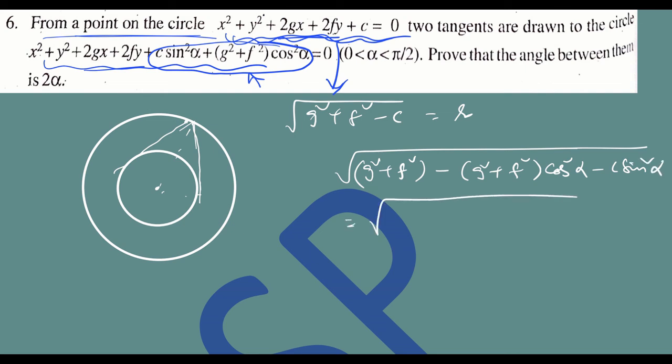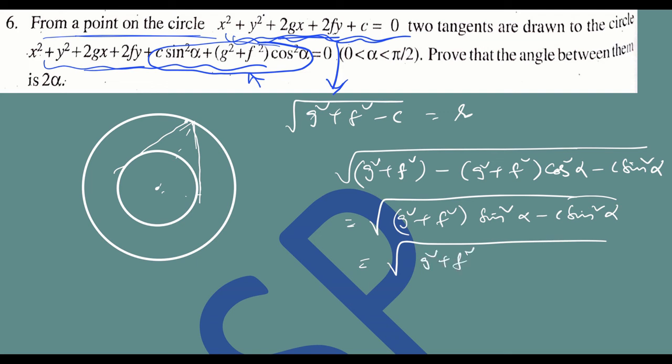It is root of g² + f², if I take common, I'll have sin²α − c sin²α. So taking sin²α common, I'll have (g² + f² − c) into sin²α. So this is nothing but root of (g² + f² − c) into sin α.